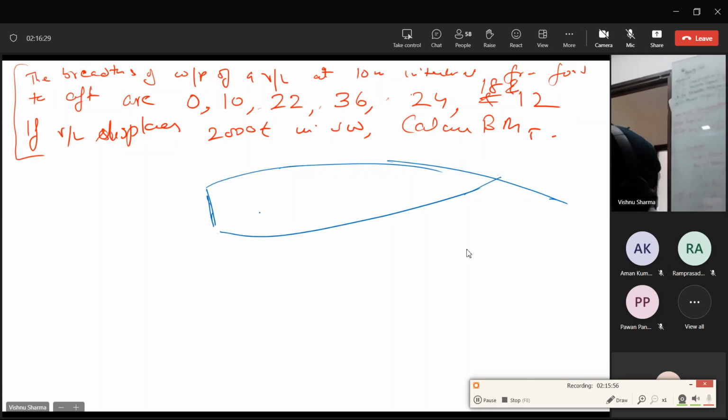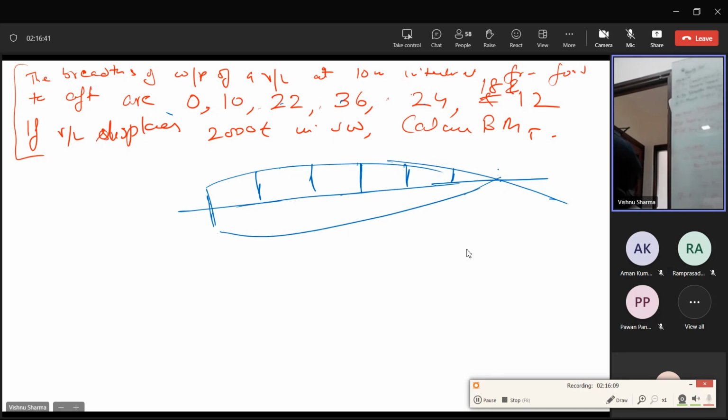Now you will take half the breadths. 1, 2, 3, 4, 5, 6, 7. It will be 0 here, then 5 here, half of 10. This is 11 here, 18 here, 12 here, 9 here and 6 here. And now you'll solve it.